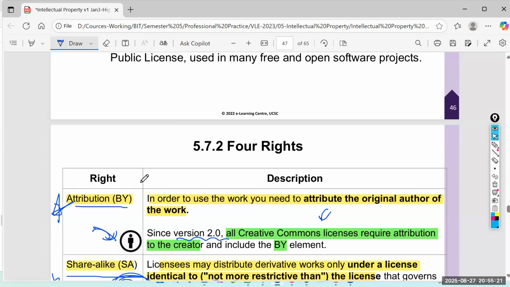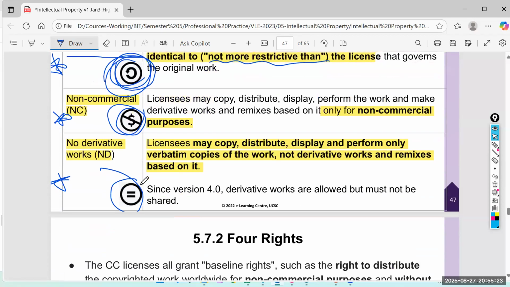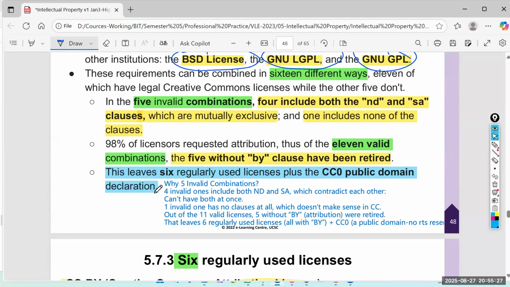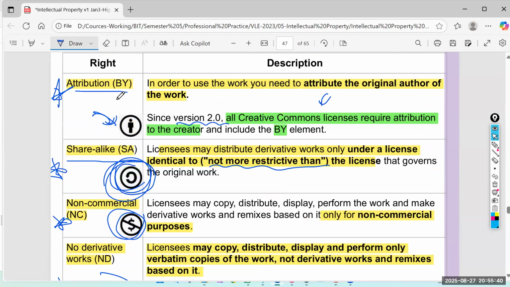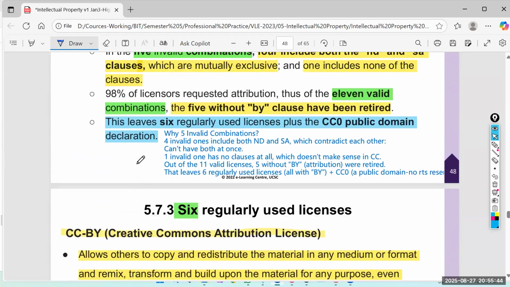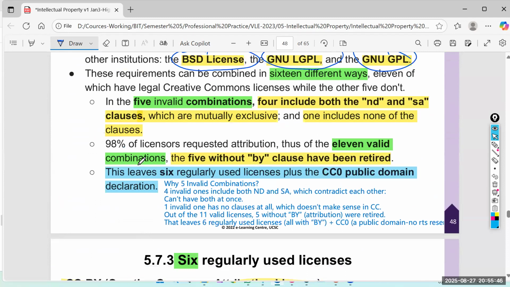Now, when you get back to Creative Commons licenses, there are 5 invalid combinations. Why? Because you can't say that attribution is not required.